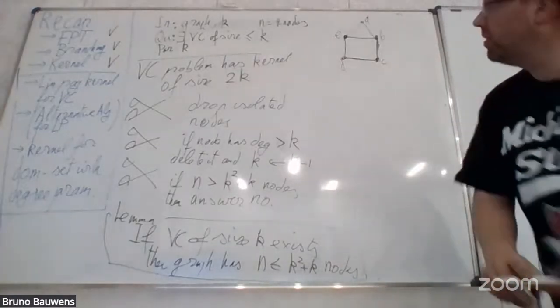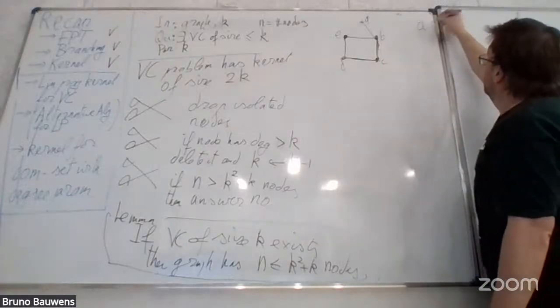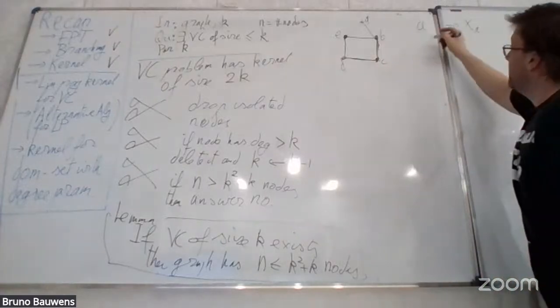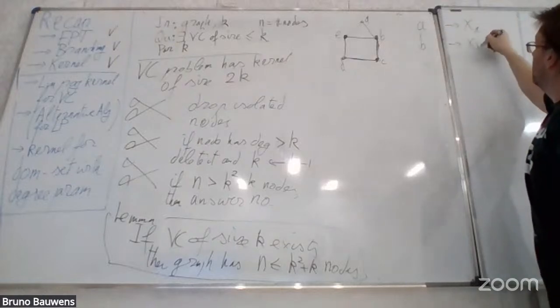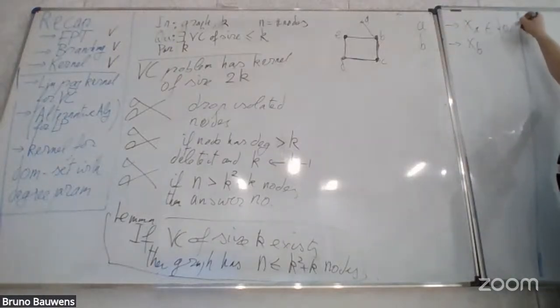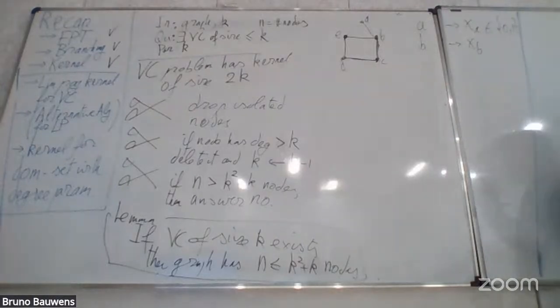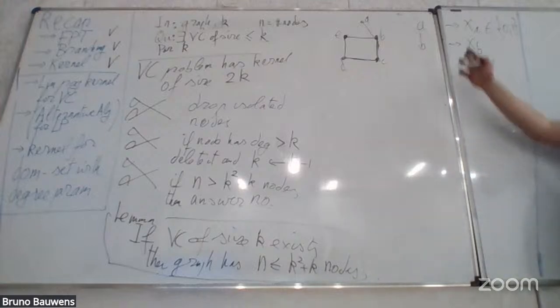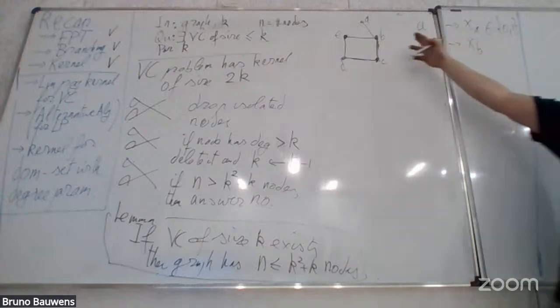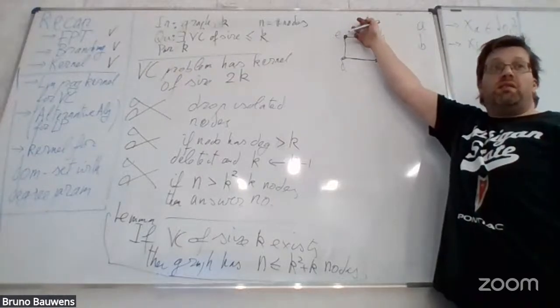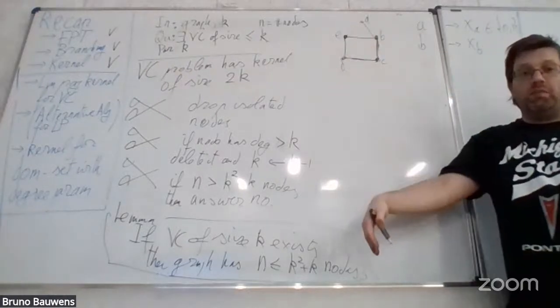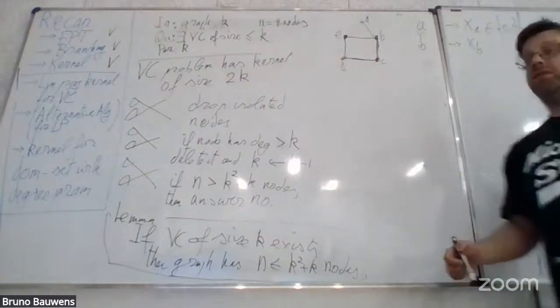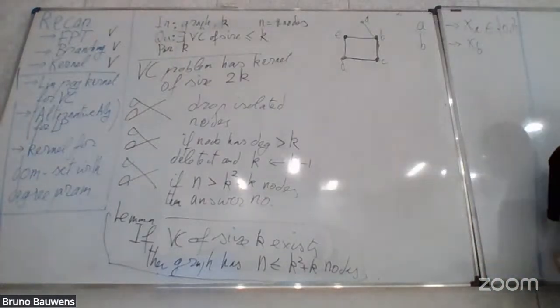For every node, we will have a binary variable xa, xb, and so on, with values 0 or 1, and we can give the solver linear equations. The idea is that xa equals 1 means that we take A in the vertex cover. Xe equals 0 means node E is not in the vertex cover. And so we can code a valid vertex cover as a set of linear constraints.